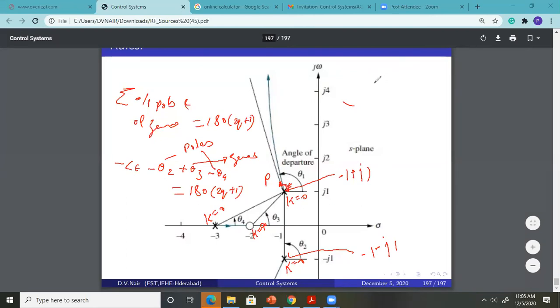If you have something like R1 at an angle theta 1, divided by R2 at an angle of theta 2, when we find the total angle theta for this complex value, it will be theta 1 minus theta 2. The angles made by denominator factors make a negative contribution in the summation. The same thing here: poles are in the denominator, so their angles will make a negative contribution in the summation, and with zeros it will be a positive sign.